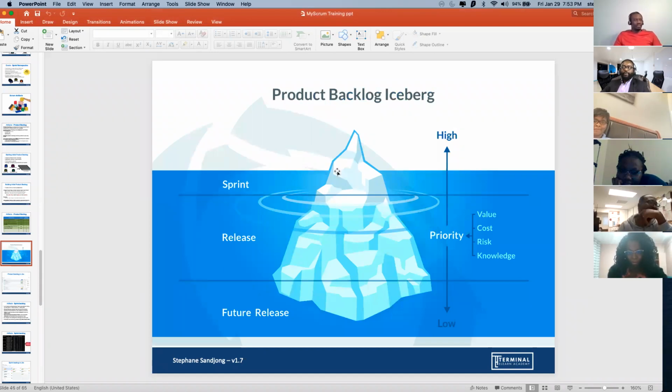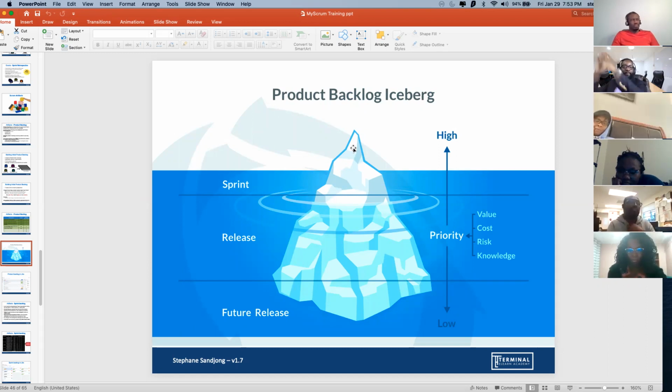You see, this is exactly a question in relation to the product backlog iceberg. I was explaining that yesterday. Those items on the top have the highest priority, and they are the most detailed, because those are the ones we're refining first. Since we need to work on them first in the current sprint, we need to detail them and break them down into smaller items as soon as possible.